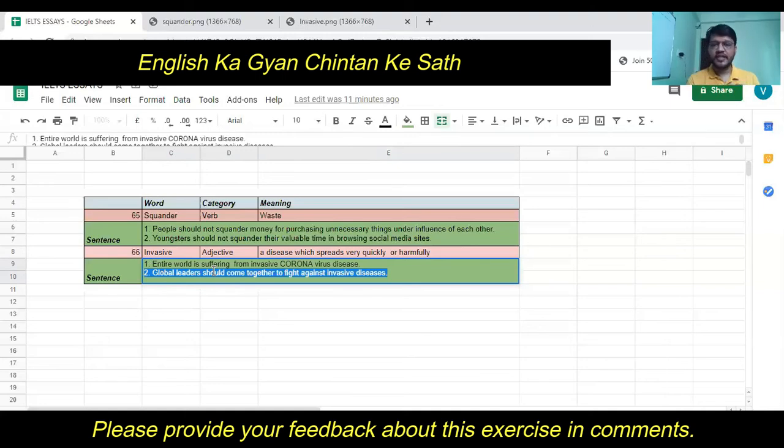So for those kinds of diseases, according to me, the global leaders should forget all the differences prevalent between different countries, and should come together to fight against those invasive diseases for the betterment of the health of the entire world.